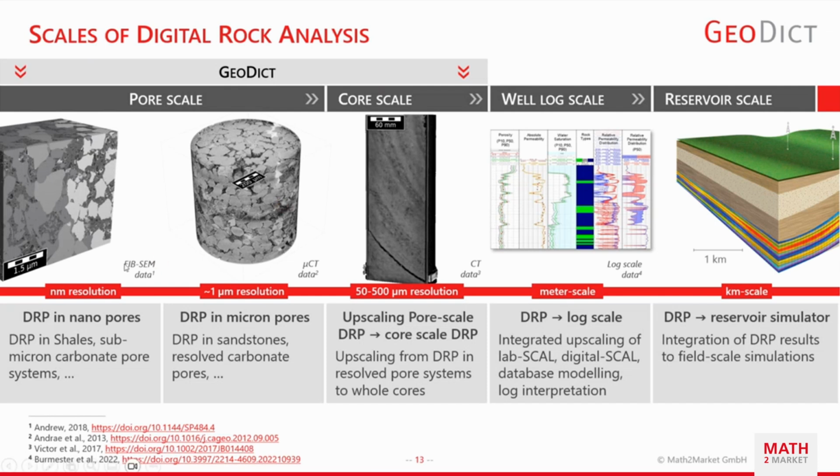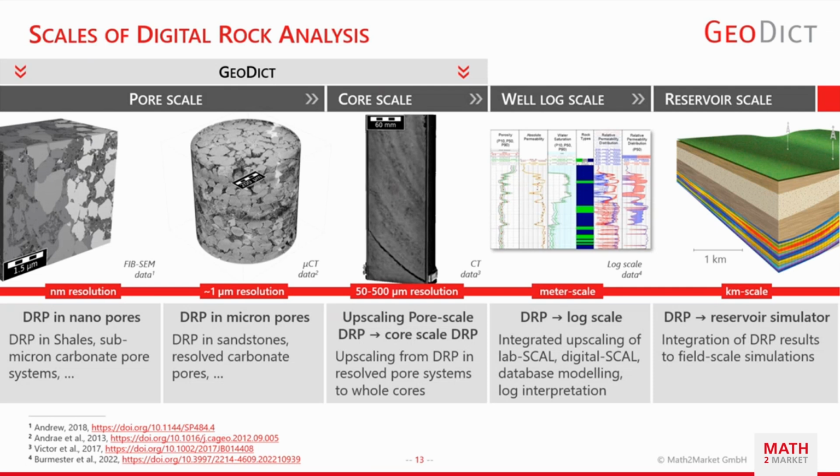So the pore-scale, as we've seen, there are nano-resolution systems of pore spaces. There are micron pore systems, depending on the rocks you're looking at, if it's sandstones or shales, or even carbonates, which are a lot more complex when it comes to the number of magnitudes and pore sizes. And then there's the core-scale, where we need to tackle the entire story a little differently because it's like unresolved scales that need to be fed with properties, similar to reservoir simulations in that sense.